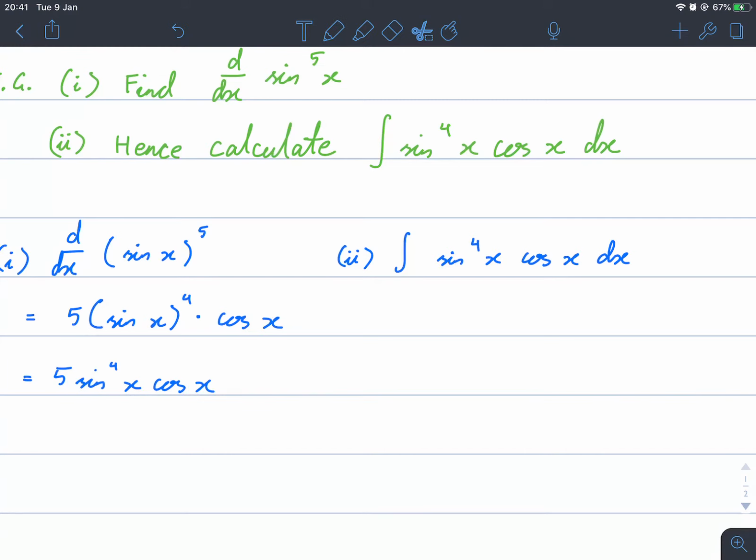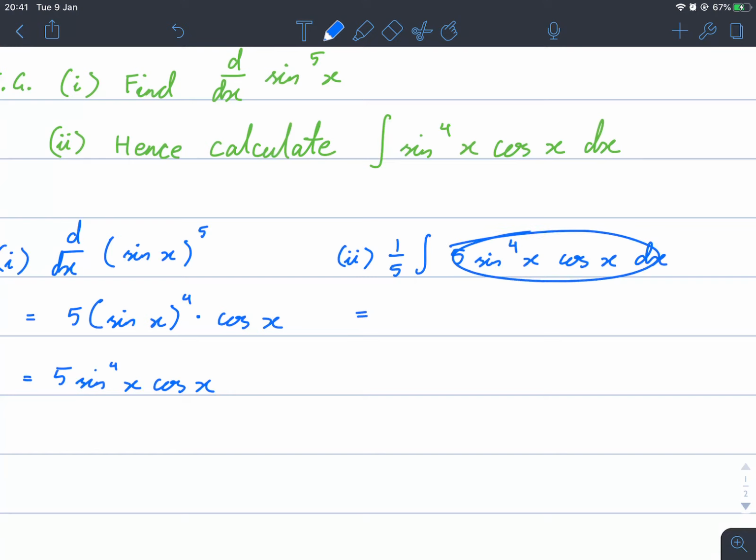Well, how we can solve this question is, if we multiply by 5 and then divide by 5, that is essentially multiplying by 1. Okay, because actually that's how we solve these questions.